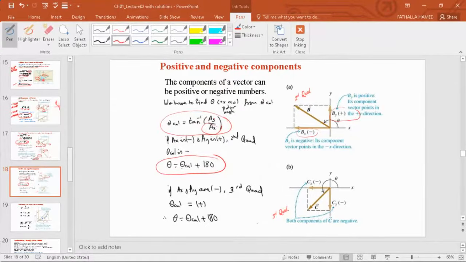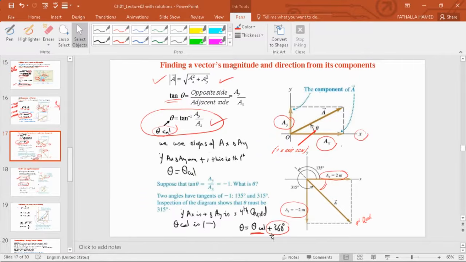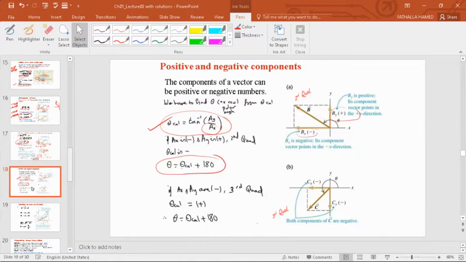The value that you calculate, you add 180 degrees, because otherwise it will give you a value as if you are in the first quadrant. And if your X is positive and your Y is negative, you are in the fourth quadrant, and in that situation, you will add 360 degrees.